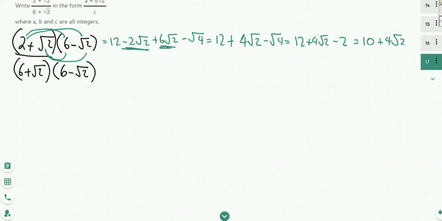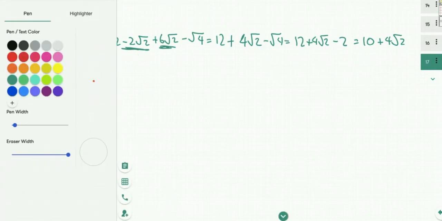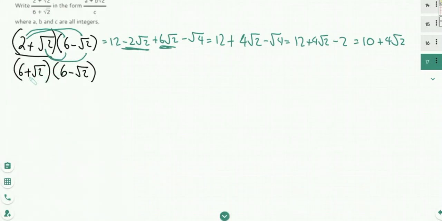Now let's do our denominator. It's the same thing. We're going to use FOIL. So the first terms, 6 times 6 is 36. The outside term, 6 times negative root 2 is negative 6 root 2. The inside terms, root 2 times 6 is positive 6 root 2.